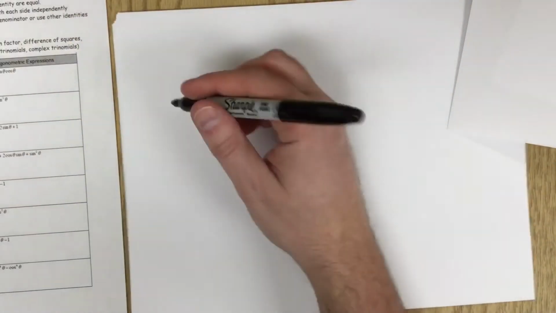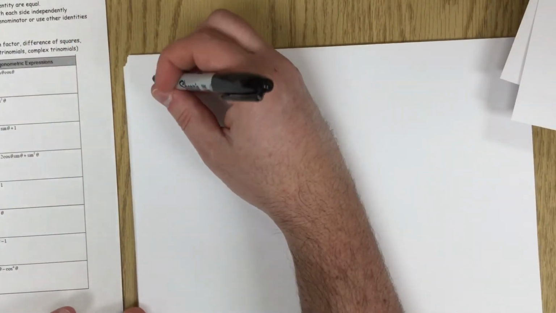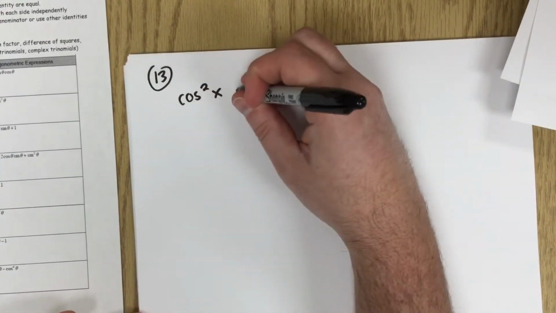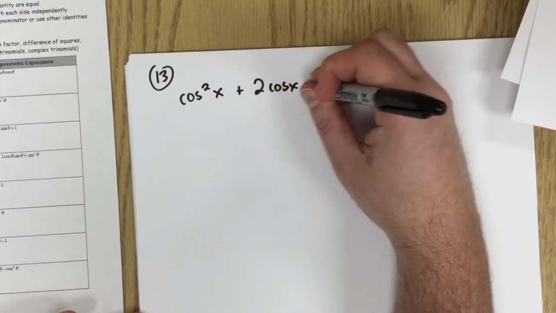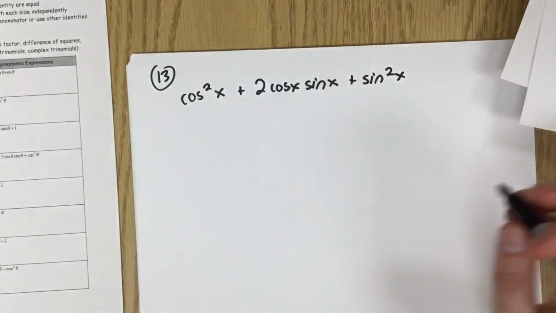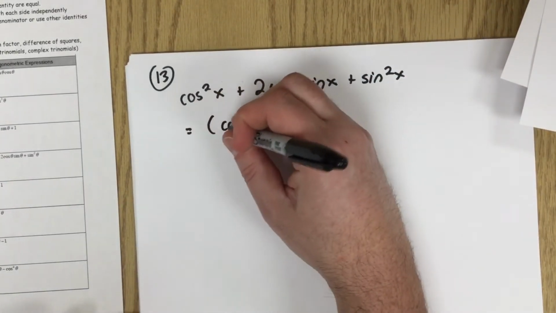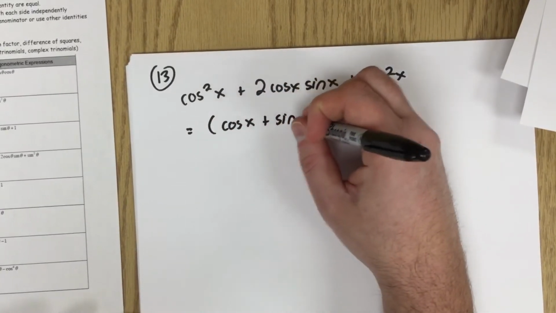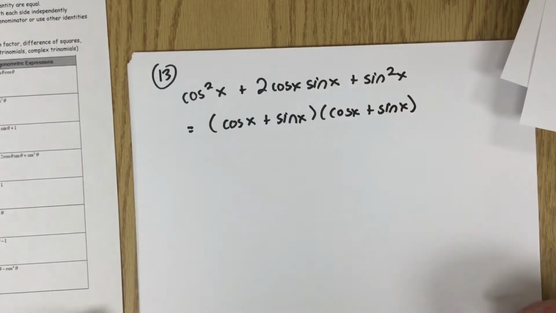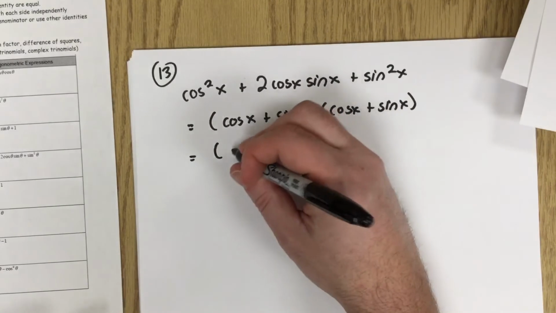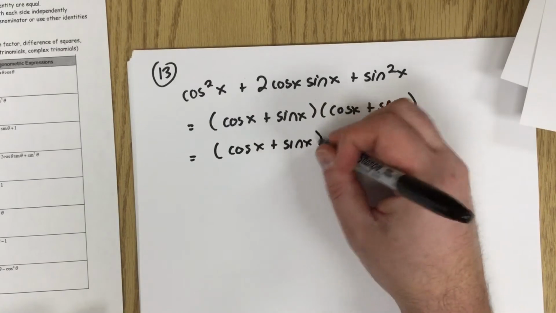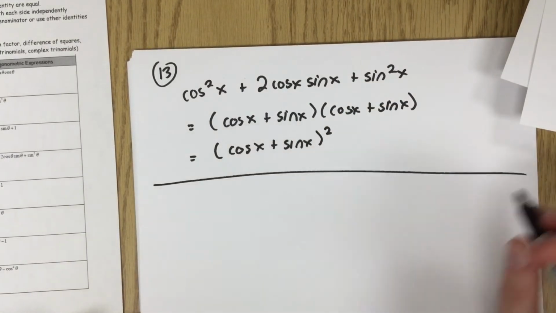So, keeping that in mind, for number 13, cos squared x plus 2 cos x sine x plus sine squared x is going to factor into cos of x plus sine of x times cos of x plus sine of x, which is cos x plus sine x squared. Okay.